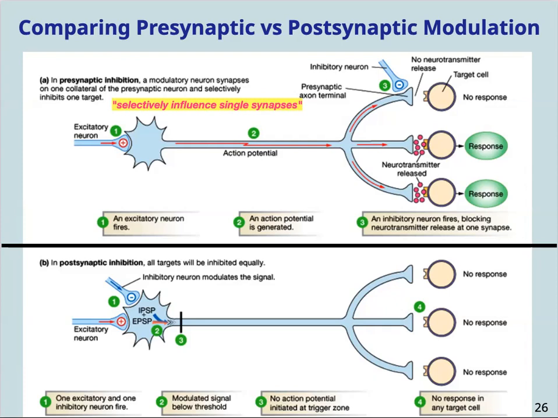So in contrast to that, in presynaptic inhibition, the amount of excitatory neurotransmitter released by a specific synaptic bouton is reduced, resulting in less excitation at only that specific postsynaptic neuron without affecting the other synapses.